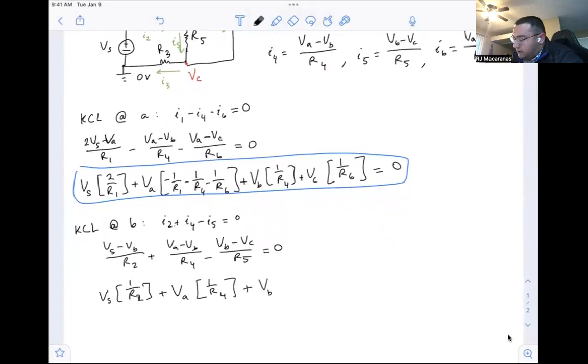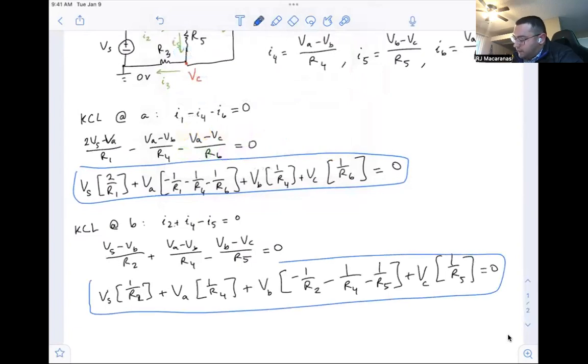We get Vb. How many Vbs do we have? Negative 1 by R2, negative 1 by R4, negative 1 by R5. And then how many VCs do we have? Well, we've got 1 by R5. And all of this will again sum to 0. So here's our second equation. Cool.